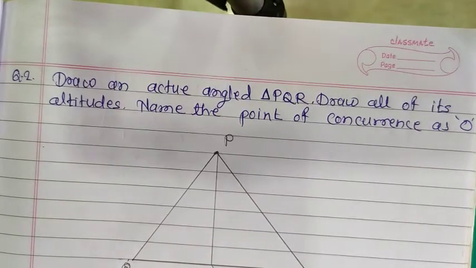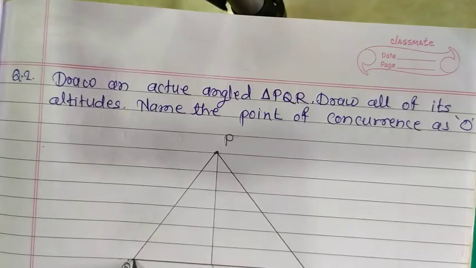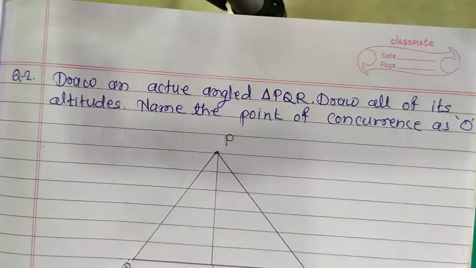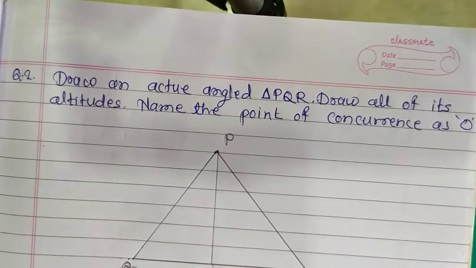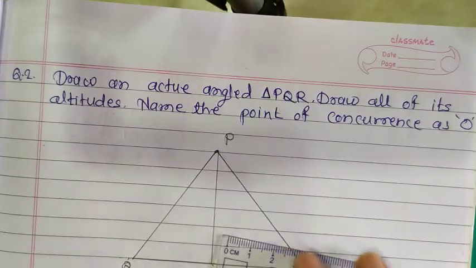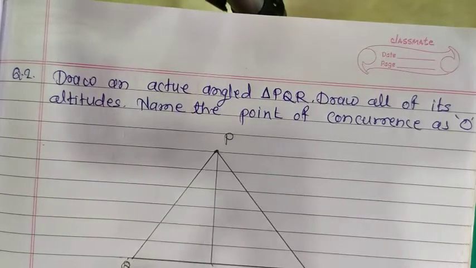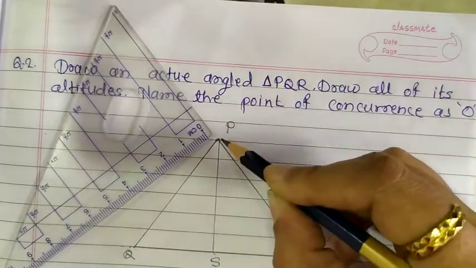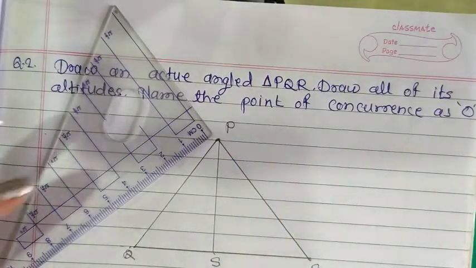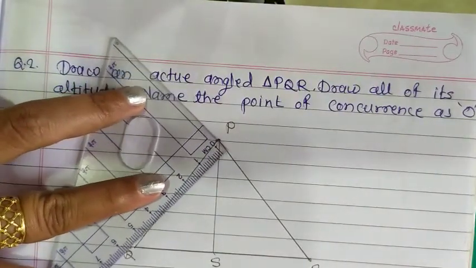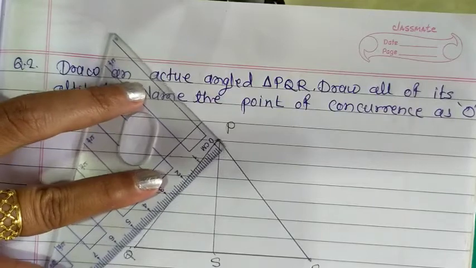Then we draw the second altitude from the point Q on the base PR. Again we use the set square on the base PR.